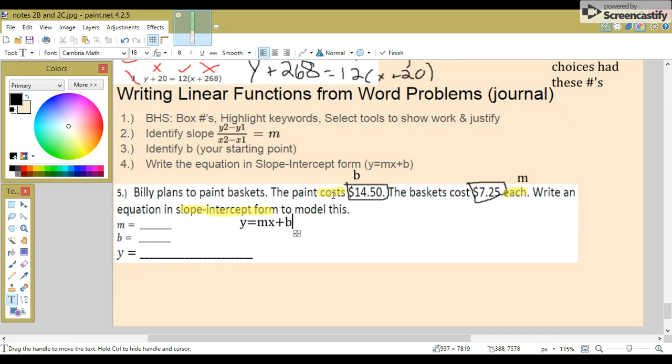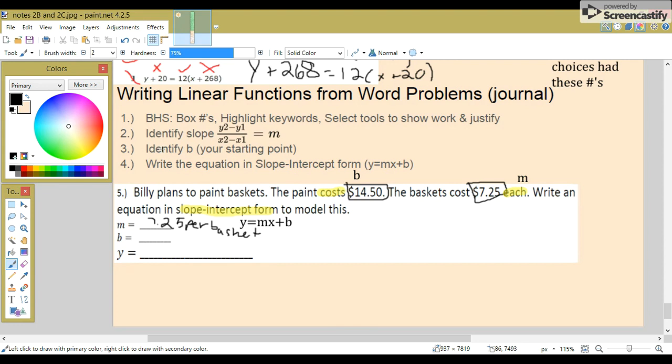So we identified the slope. In this case, we didn't even have to use our formula because they gave us the key word each. So our slope is $7.25 per basket. Step 3, identify b. That's your starting point.